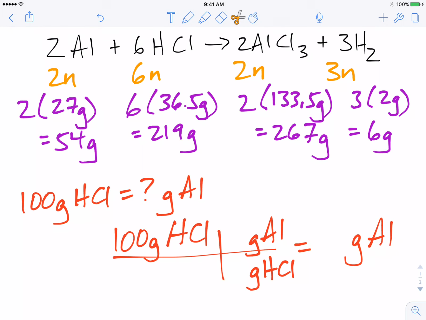For my grams of aluminum, I know that the 2 moles from my equation is equal to 54 grams. So I'll write 54 on the top. And for my grams of HCl, the 6 moles in my equation is equivalent to 219 grams. So I'm going to write 219 on the bottom. Okay.